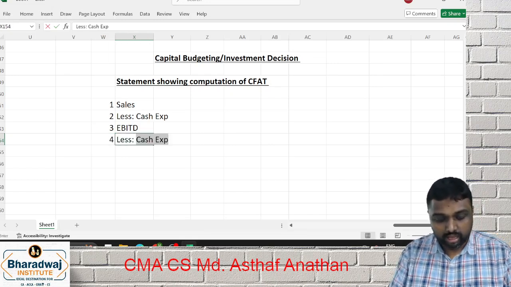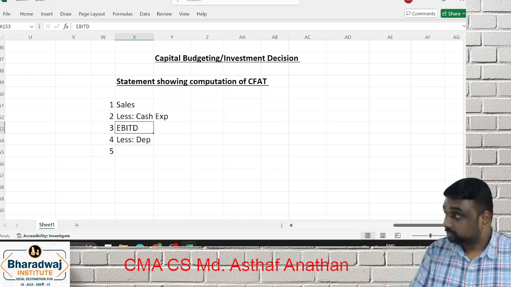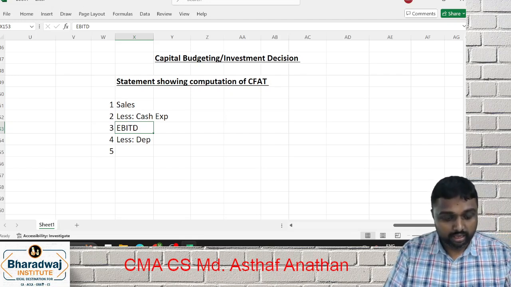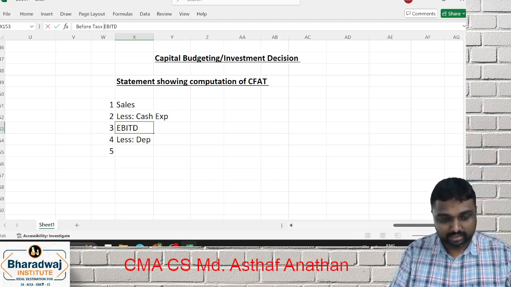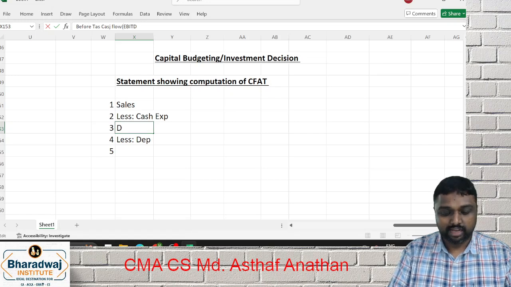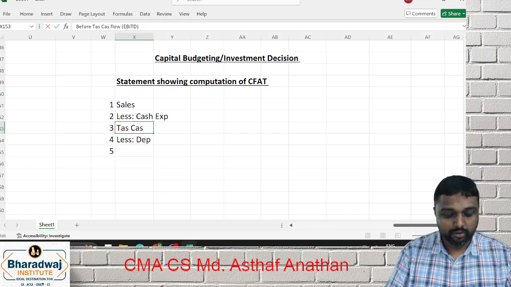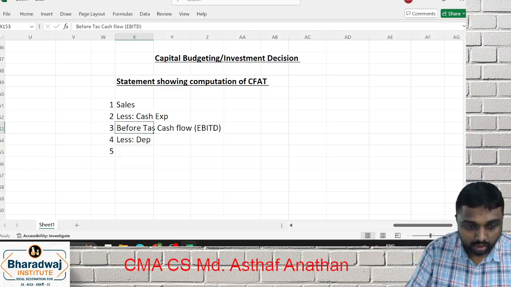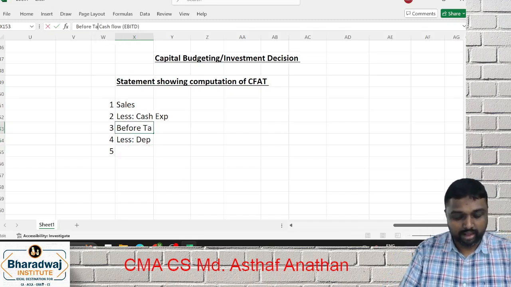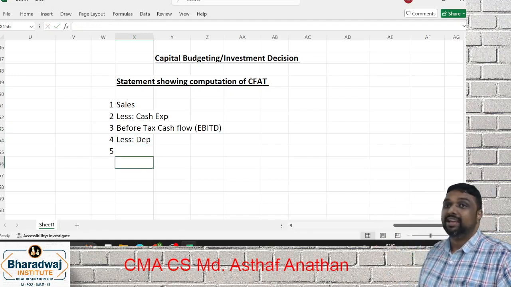Then you have to reduce the depreciation, and you get EBIT. Cash flow you have to find out after tax. So this is called before tax cash flow, that is sales less all the cash expenses. You will get before tax cash flow.